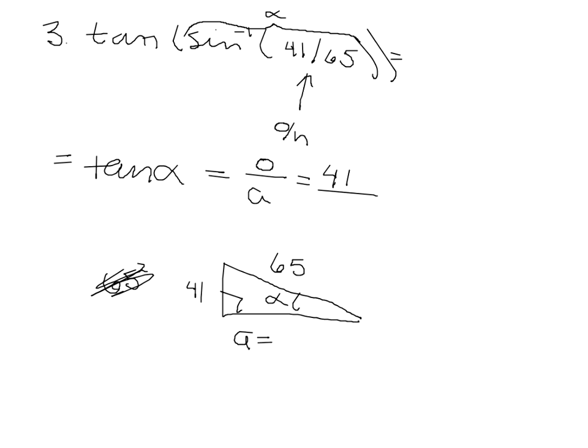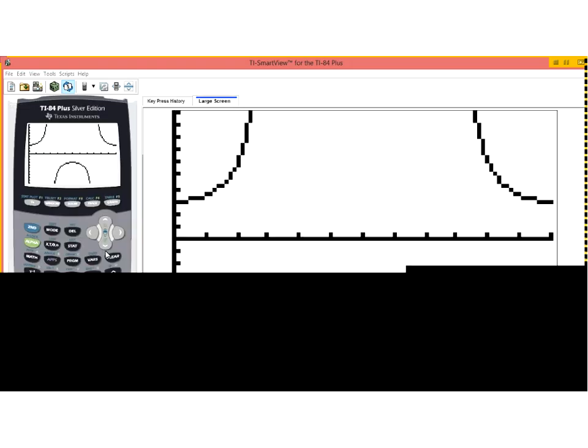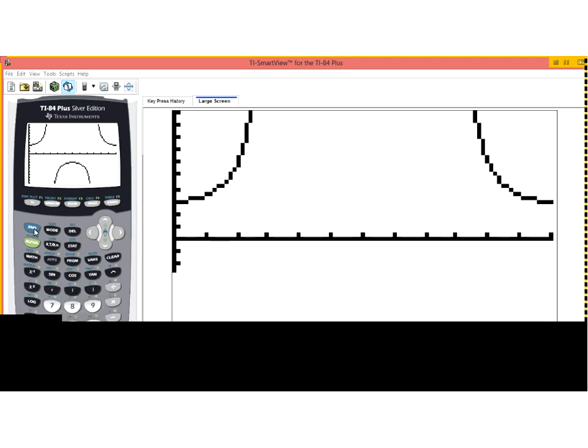So here's my adjacent side, and it's going to be the square root of 65 squared minus 41 squared. So that's kind of big. I'm going to have to get out my calculator. Maybe. All right, so let's clear. There we go. Okay.